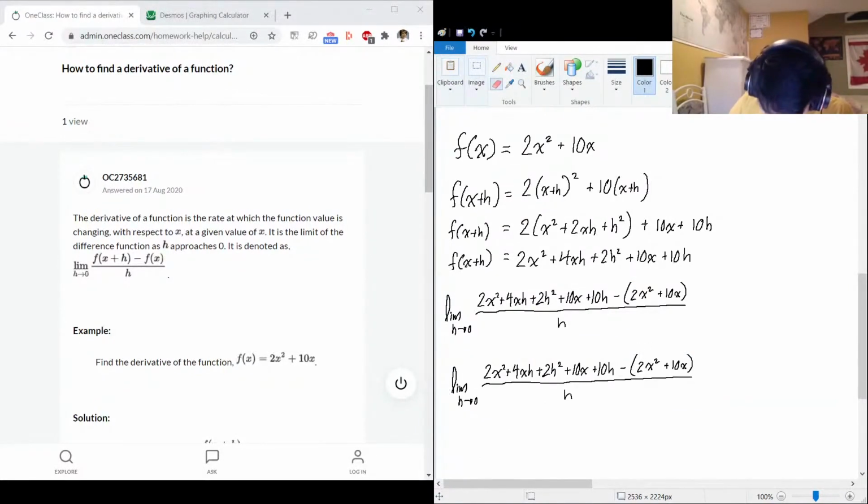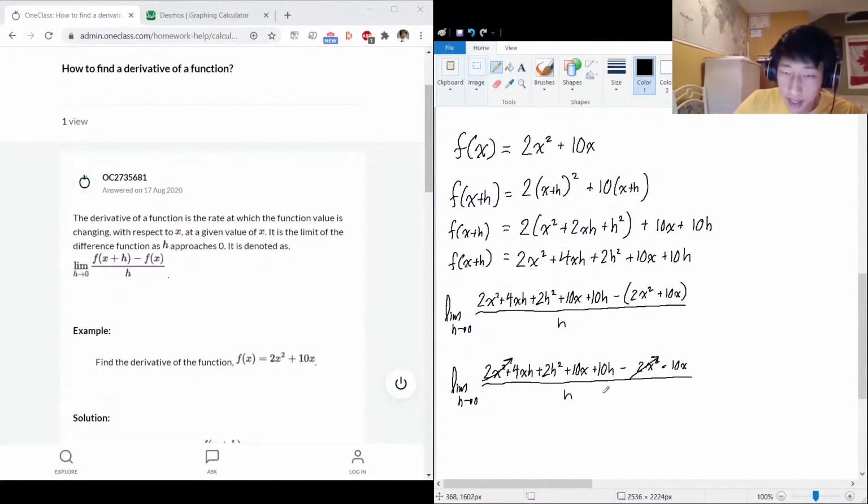What I did here is I multiplied those last two terms by negative 1. Okay, and you see, we have a negative 2x squared and a positive 2x squared. So those zero each other out.